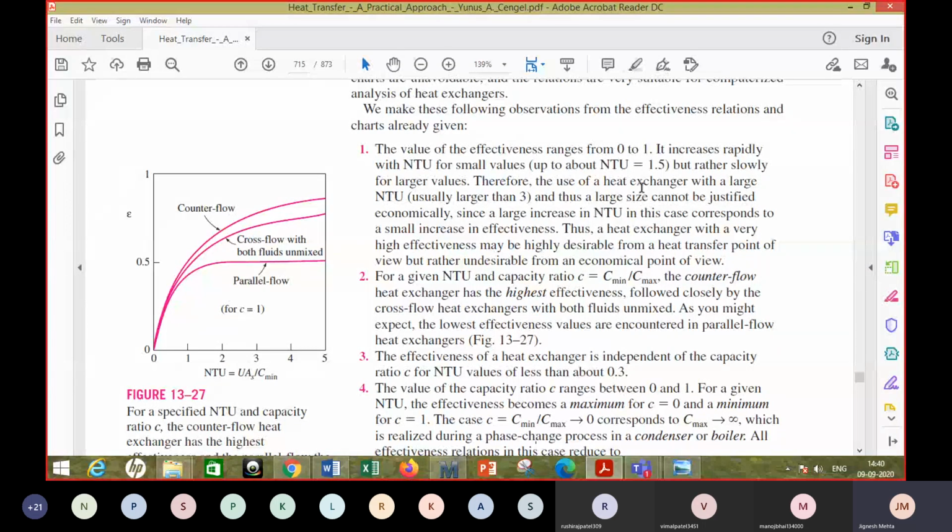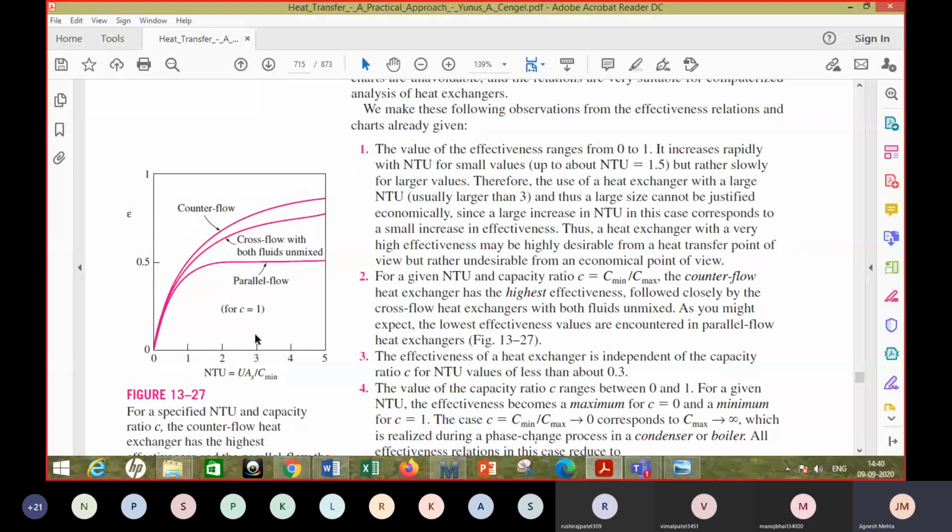Increasing surface area always comes with a cost. That is, you're increasing the size of the heat exchanger, you're increasing the length of the tubes, etc. So that would always increase the cost. Now, from the graphs, you know that as NTU is higher and higher, effectiveness is always increasing.